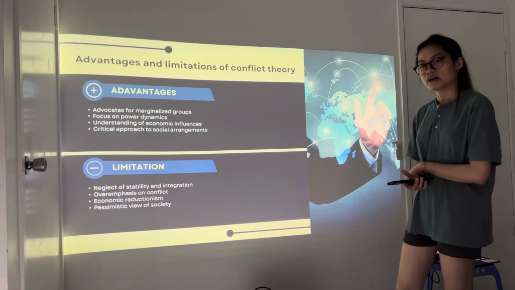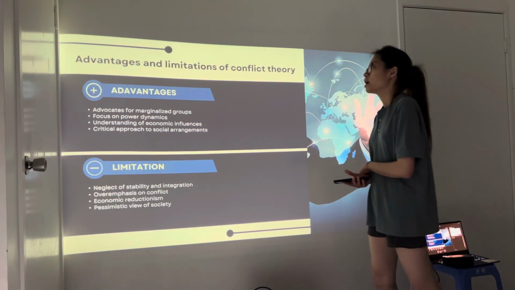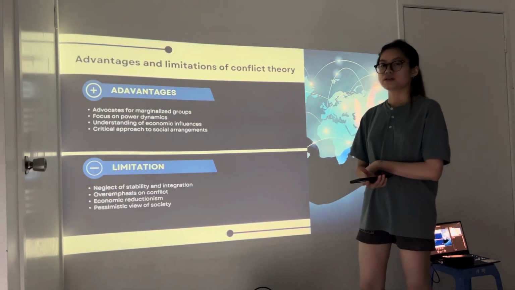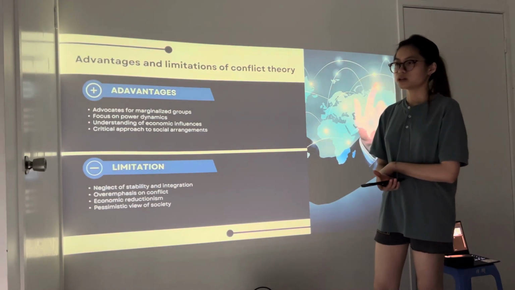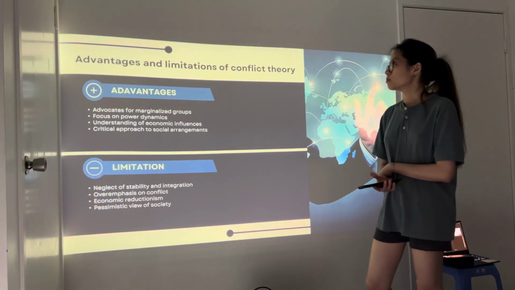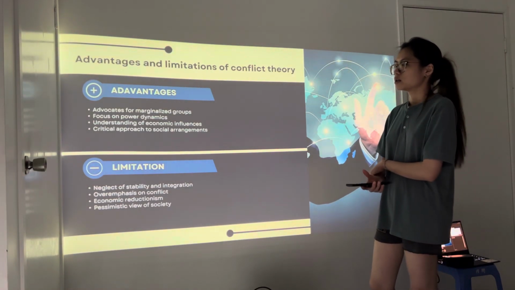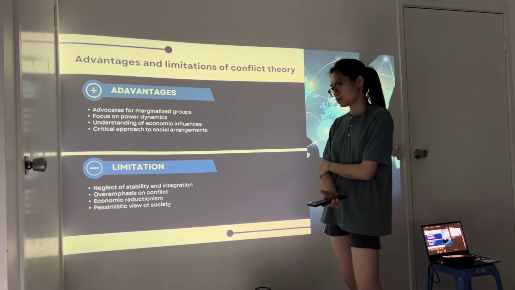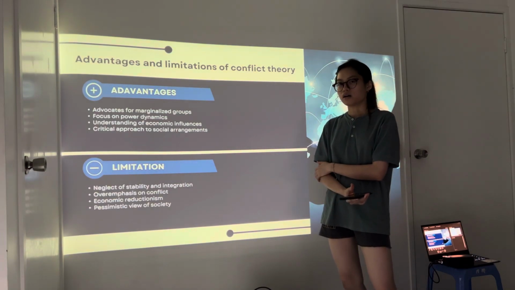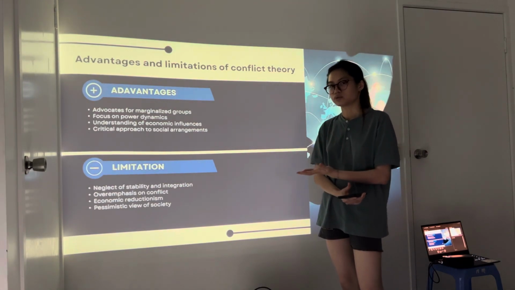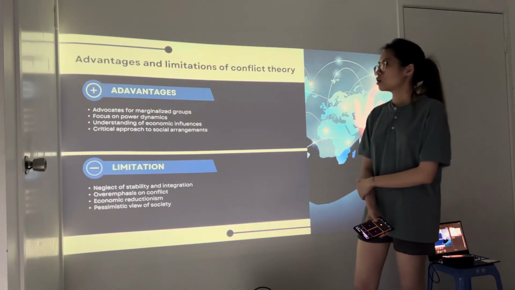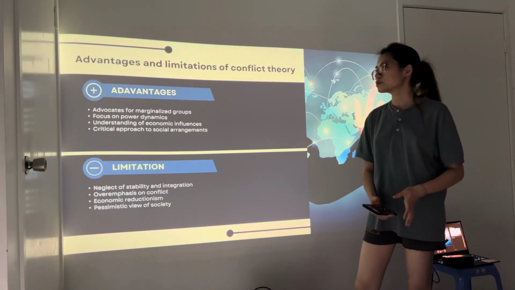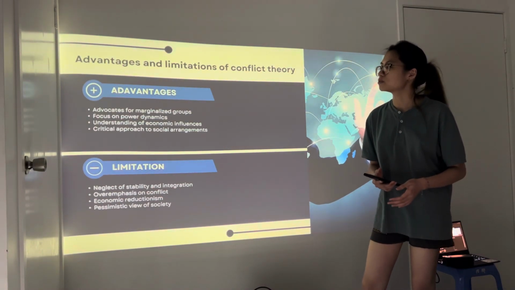So conflict theory has advantages and limitations. We have to keep these in mind while using any sociological theory, because there are things that need to be taken into consideration instead of looking just one way. For advantages, it advocates for marginalized groups and focuses on power dynamics.